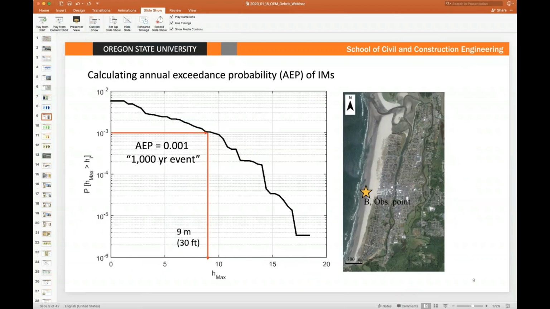And what this allows us to do, for example, is, everywhere in an area like the city of Seaside, if we wanted to know what the flood depth associated with this 1,000-year event is, we can do that. So the figure on the right would show where this yellow star is, for example, a 9-meter flood depth would have a 1,000-year recurrence interval or probability.